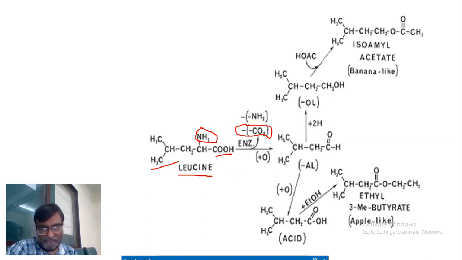So carbon dioxide is removed from here, and the nitrogen, the NH2, should also be removed. So what substance will we have?